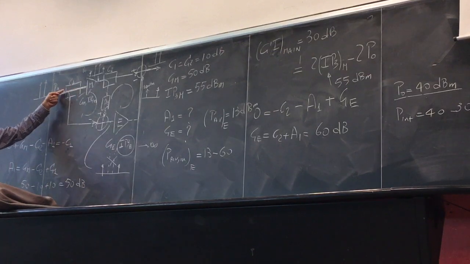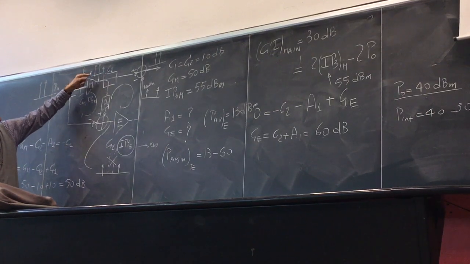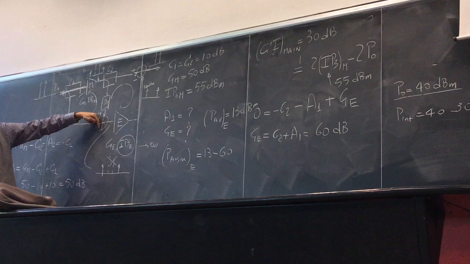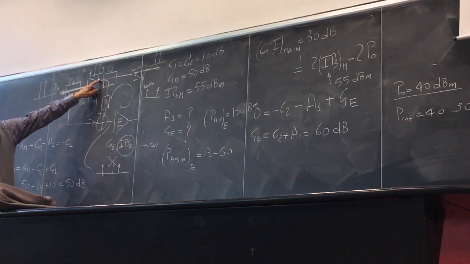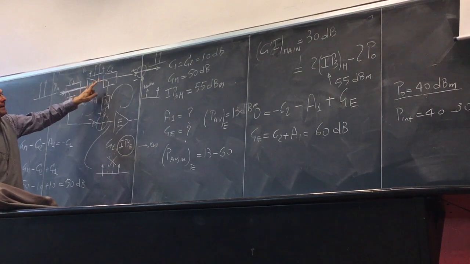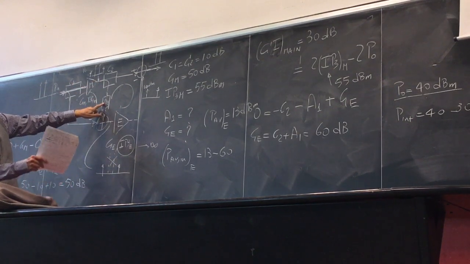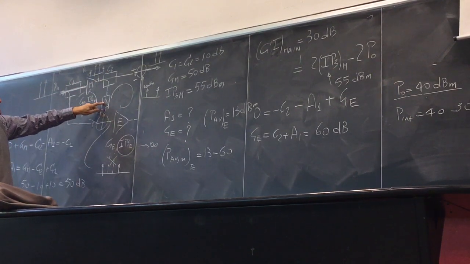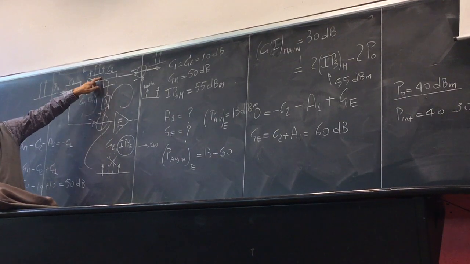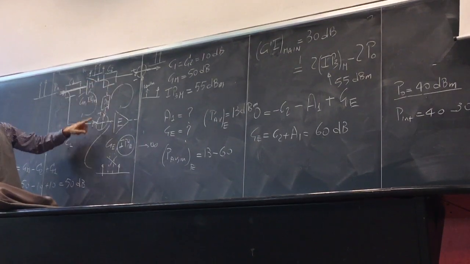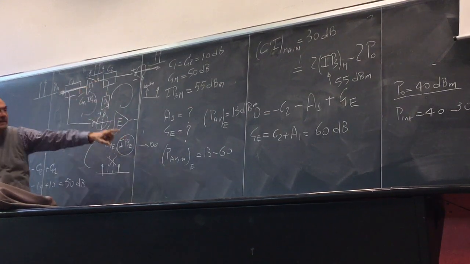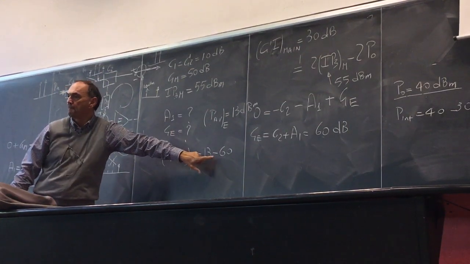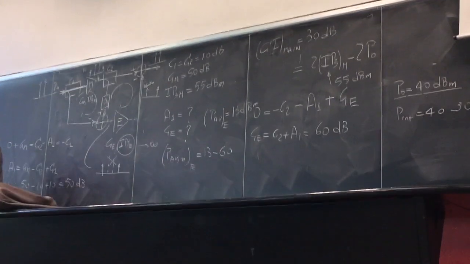If you evaluate what is the power here and the distortion, and what is the overall attenuation in this direction, you get exactly the same result. In fact, C2 is equal to 10 dB, and A1 is equal to 50 dB. So 50 plus 10 is 60, and this means that the signal here is 60 dB lower than here, just as we have obtained from this equation.